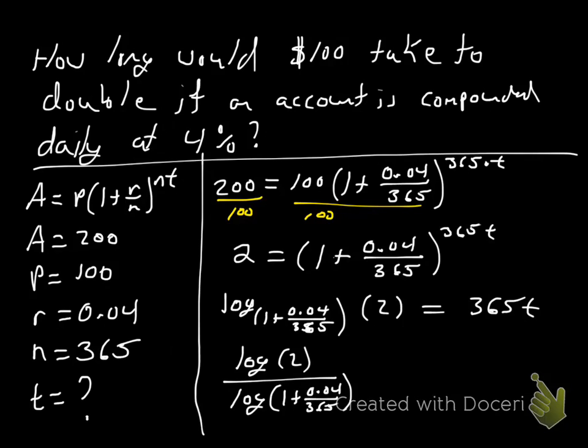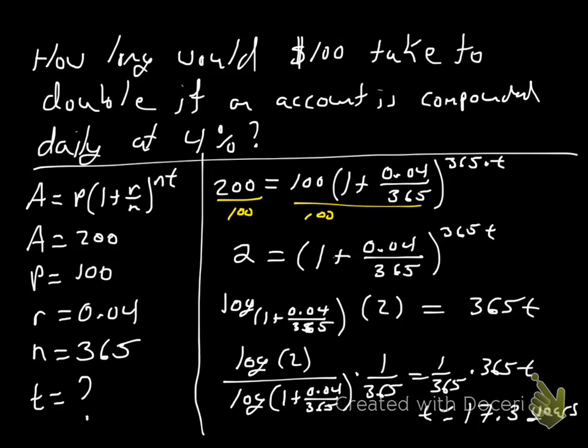It just doesn't happen. Some calculators are fancy enough to do that. Okay. Then that 1 over 365 I was talking about, we're going to do that to both sides to get rid of the 365. And then plugging all that junk into the calculator, t is approximately 17.3 years.